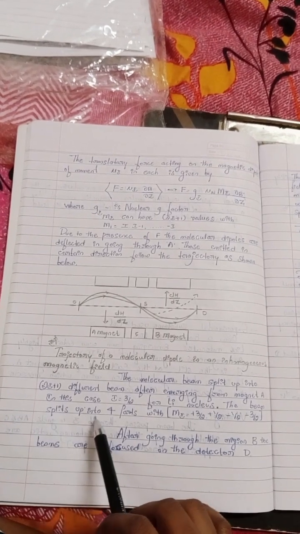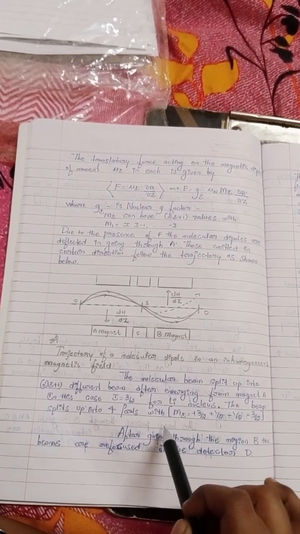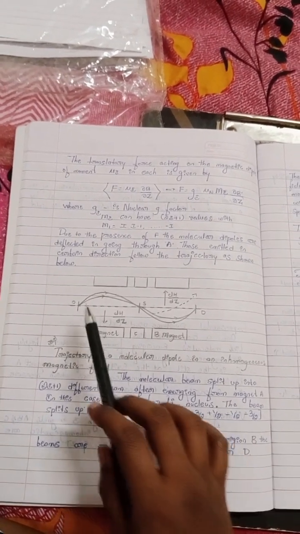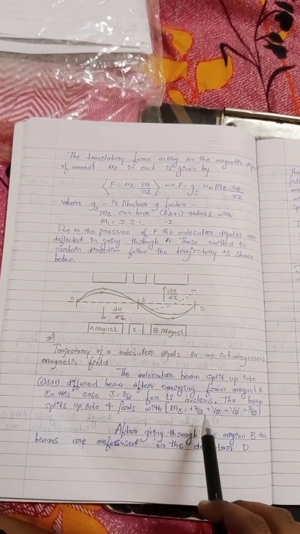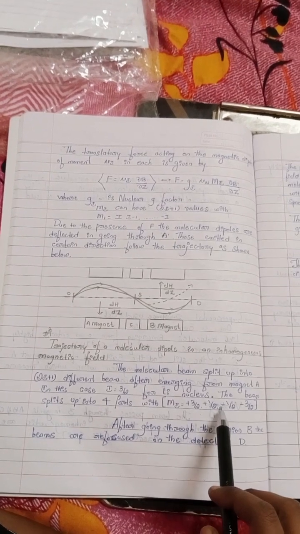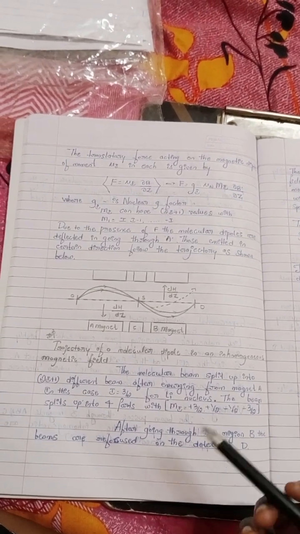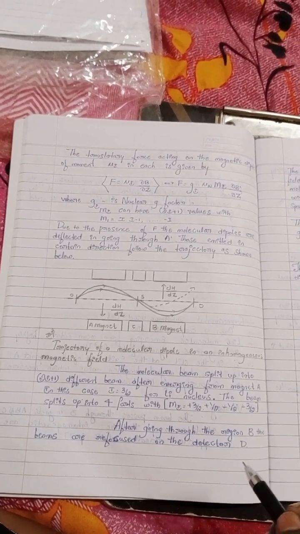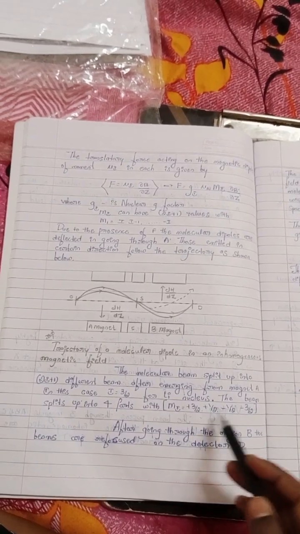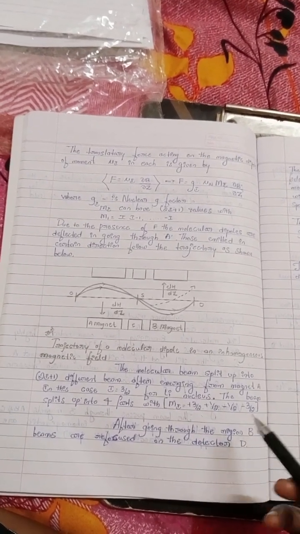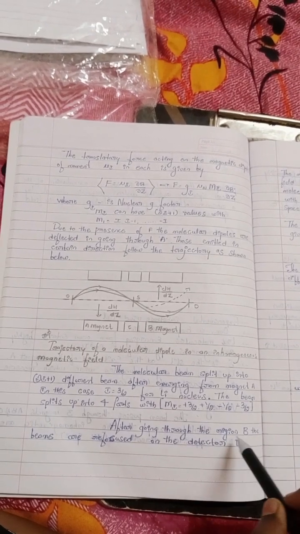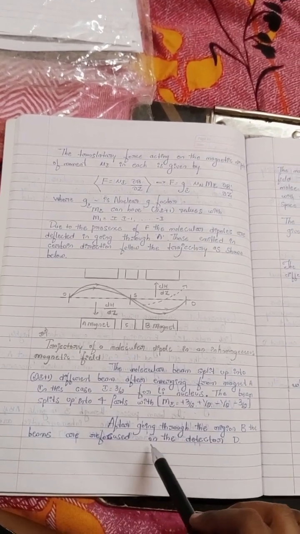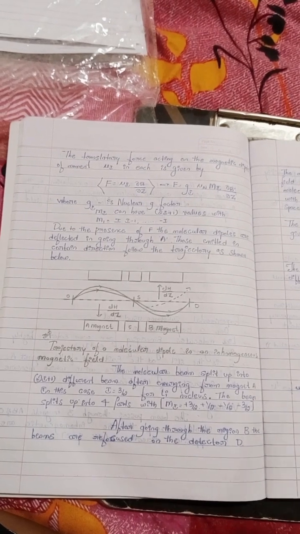The beam splits up into 4 parts, that is mI is equal to plus 3 by 2. So as we know the spin is plus or minus 1 by 2, plus or minus 3 by 2. This is written over here. After going through the region B, the beams are refocused on the detector D.